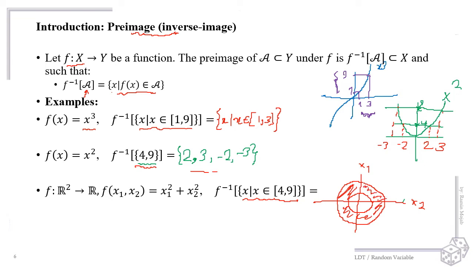For example, this point is x2 is 2 and x1 is 0. 0 plus 2 squared is 4, and it's a member of this one. Or this point, x2 is 3. 0 plus 3 squared is 9, and it's in this subset.